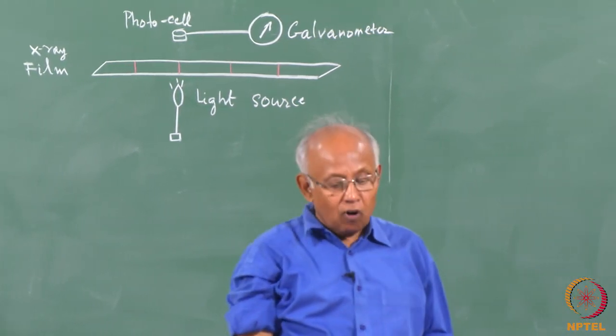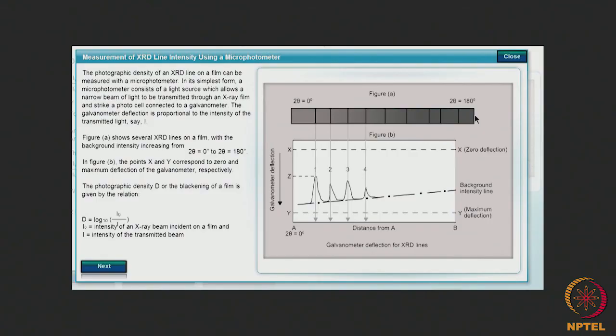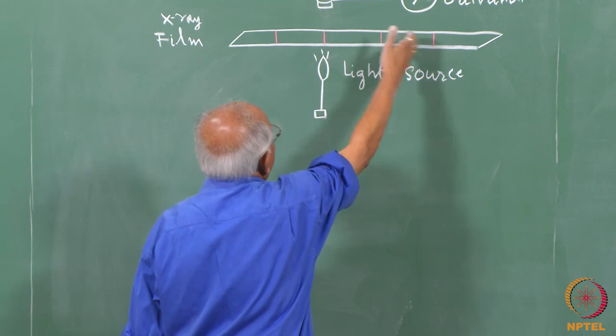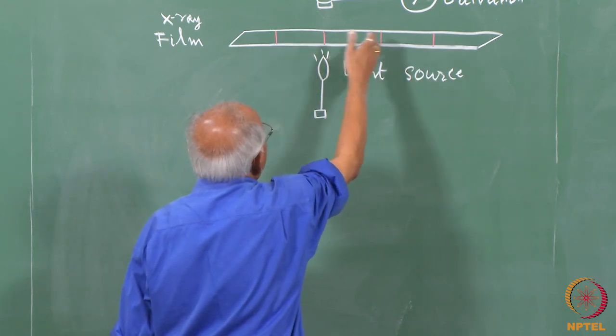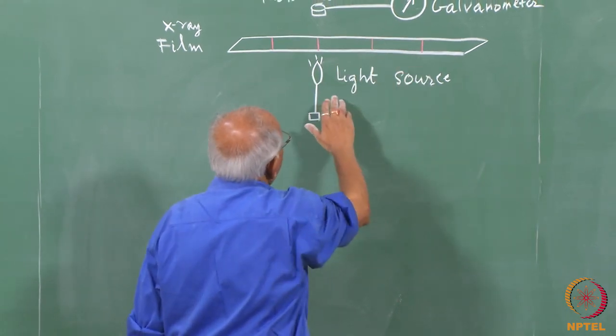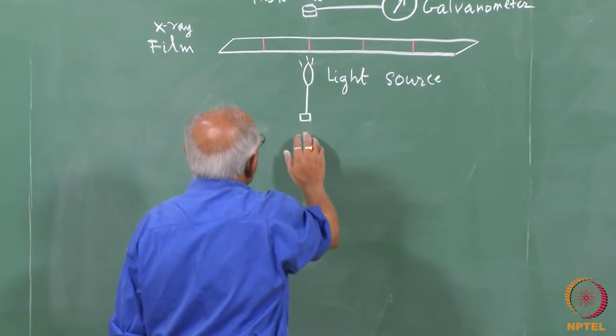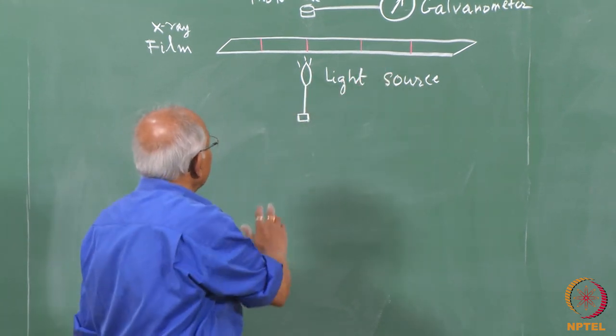In its simplest form, a microphotometer consists of a light source which allows a narrow beam of light to be transmitted through an X-ray film and strike a photocell connected to a galvanometer. So, we have the X-ray film, say these are the X-ray lines, and naturally these are much darker as compared to the background, and we have a light source which can illuminate the X-ray film from below.